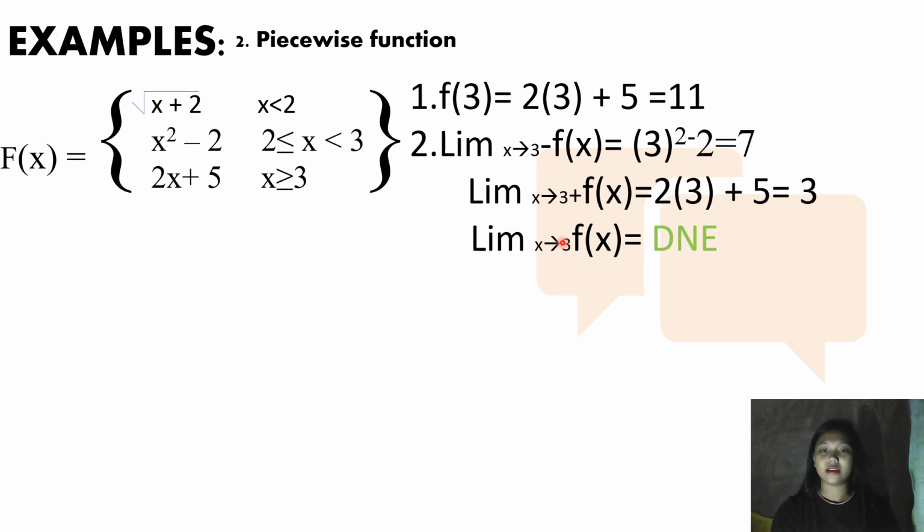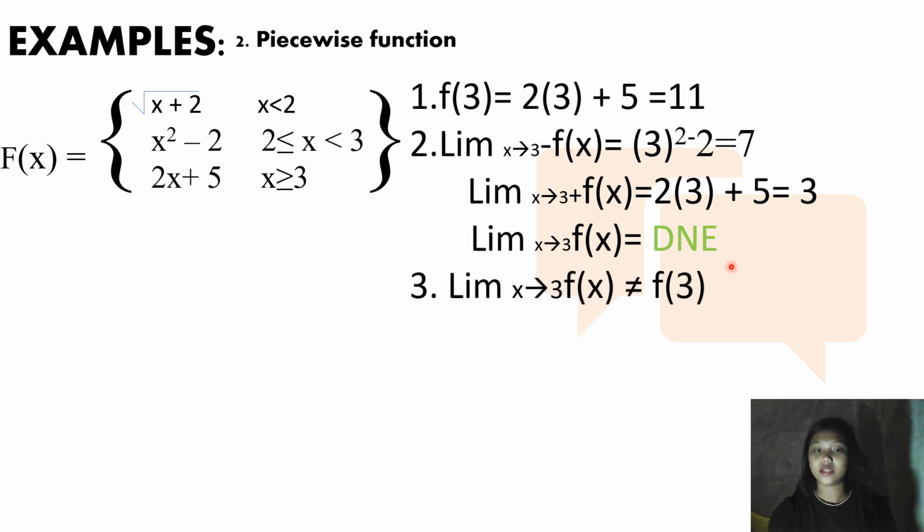Now, we can see here that they are not the same. f of 3 is equal to 11, while the limit as x approaches 3 does not exist, which means this function is discontinuous at x is equal to 3.